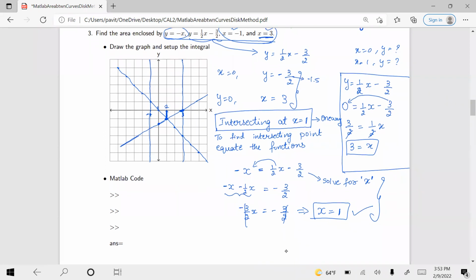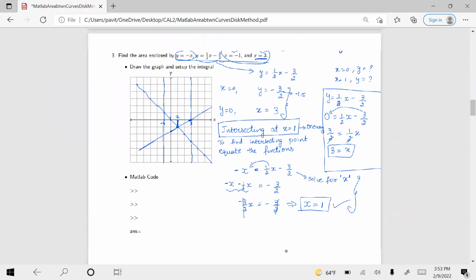Can I erase this? Is anybody making a note of this?